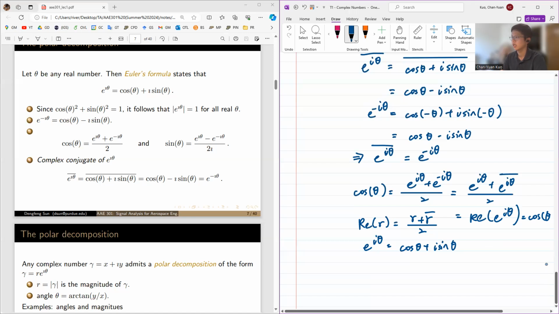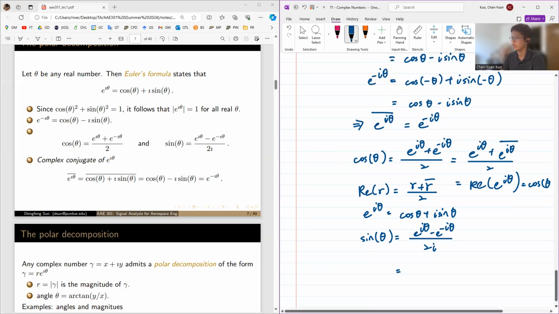Similarly, for sine theta, you see that it is equal to e to the i theta minus e to the negative i theta, divided by 2i. Again, we can replace e to the negative i theta by the complex conjugate of e to the i theta.